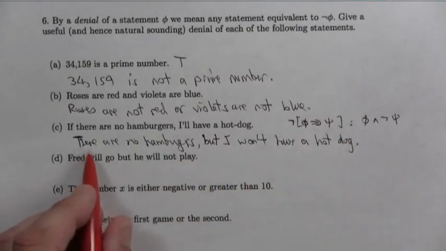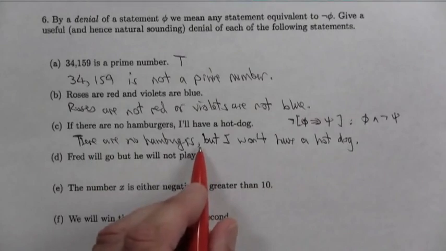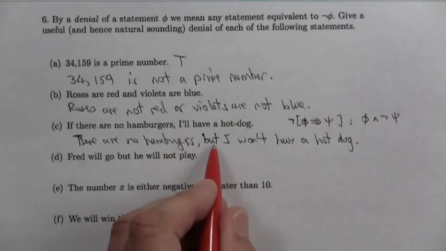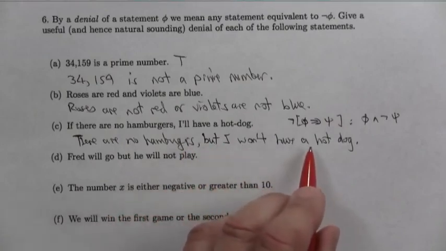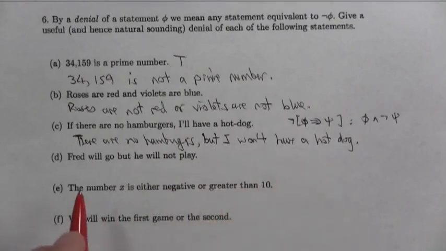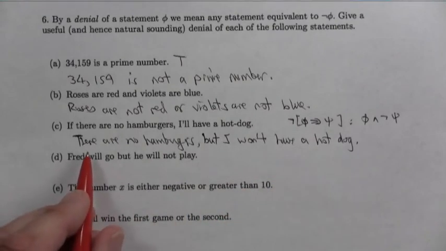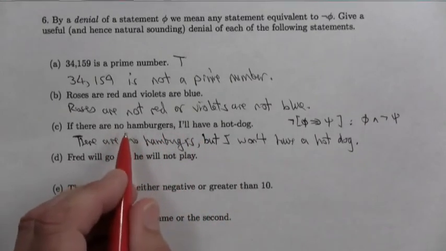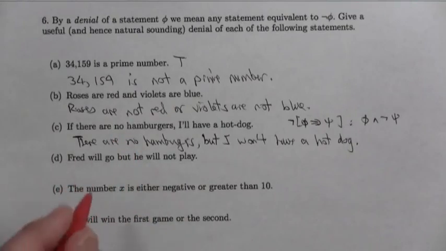Okay, so we've got the antecedent that there are no hamburgers conjoined, in this case written with a but, because I think it's more natural to say that there's a but I won't have a hot dog. Well, think about that one for a bit. In my experience, students often have trouble with this because of that negation in there. It throws you off, so you have to be a little bit careful.